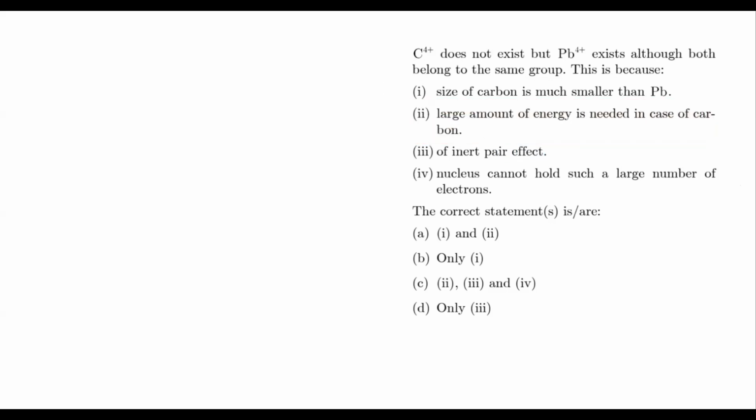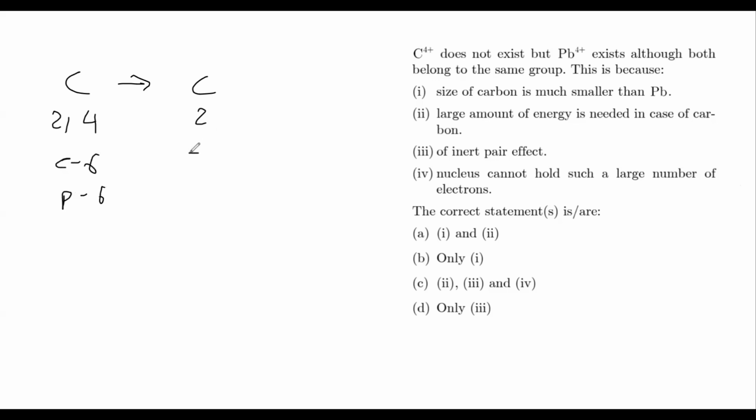But first of all, let's understand why carbon cannot form C4+. As you know, carbon's atomic number is how much? 6. So configuration is 2, 4. So in case it loses 6 electrons, then it will attain the inert gas configuration of helium, right? And therefore, as you can see, the number of electrons here was 6, protons 6 only.